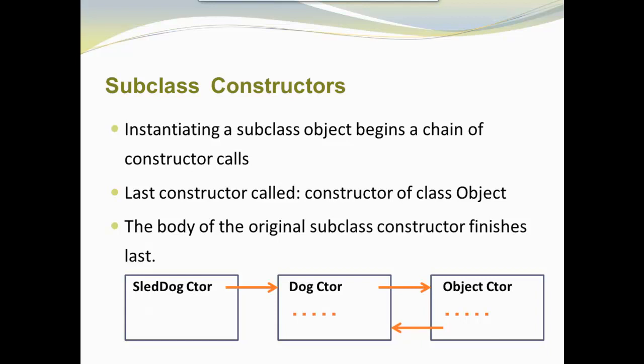Now the Dog constructor can finish whatever statements need to be completed, and the control is returned to the LetDog constructor. Now this LetDog constructor is the original subclass constructor, and that finishes last. So now the rest of the instructions in this LetDog constructor are executed, and this LetDog object is initialized.